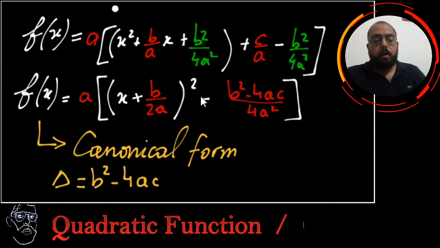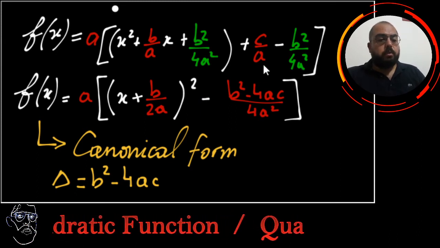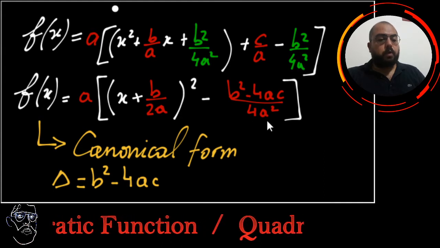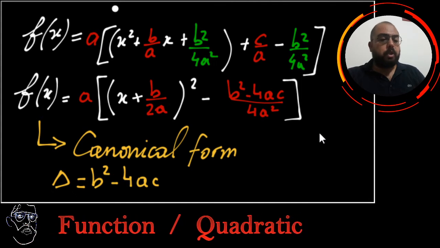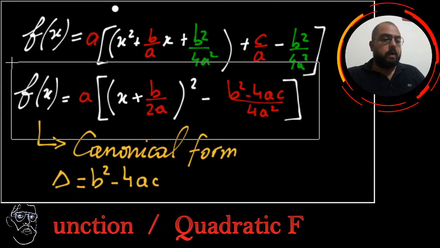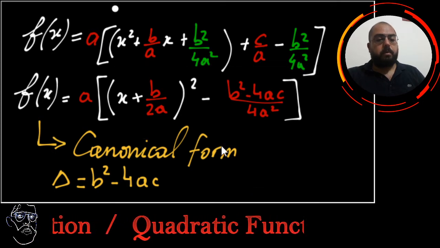Whatever remains, I will do a common denominator, 4a squared, so what remains is b squared minus 4ac. Whenever you reach this stage of f of x, this is called the canonical form.